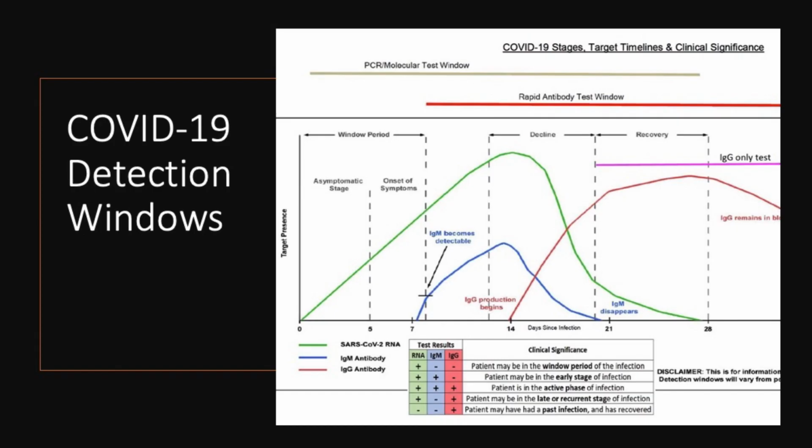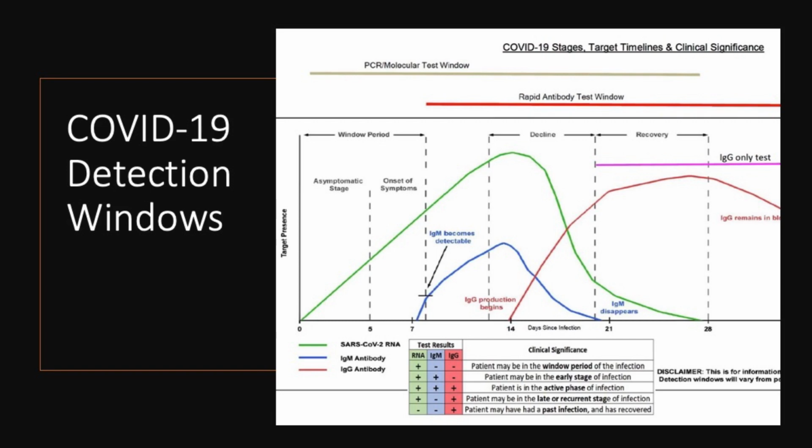So windows of detection, this is an interesting graph, and this has been refined multiple times since the onset of the virus. The green line is the onset of symptoms or onset of SARS-CoV-2, and that's the presence or concentration of RNA. And you can see it increases from day of infection, probably over a 14-day period, to where we see symptom onset.